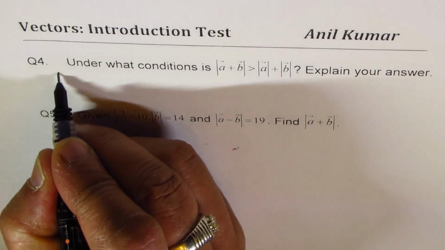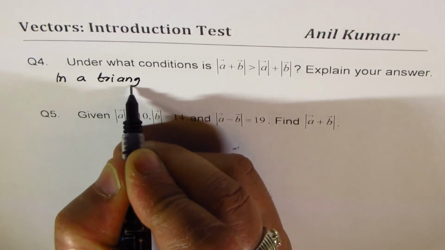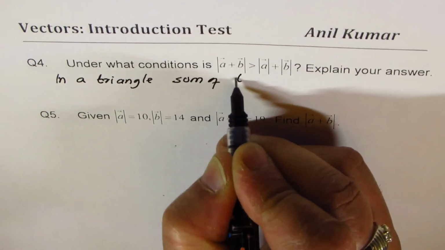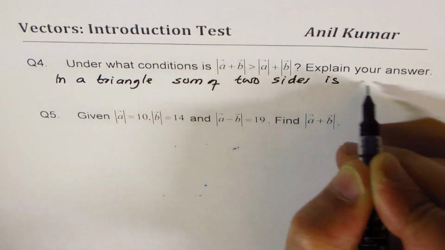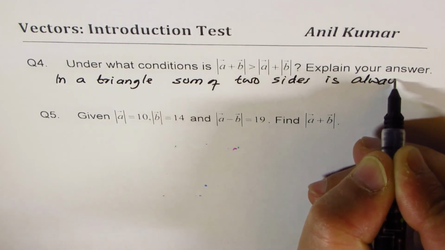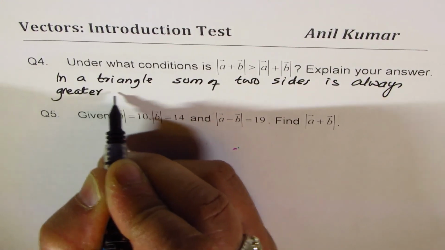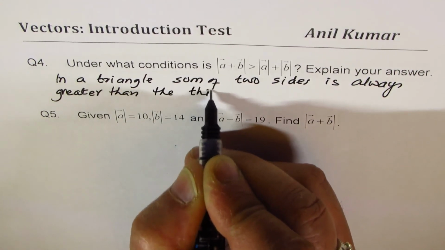So, in a triangle, the sum of two sides is always greater than the third side.